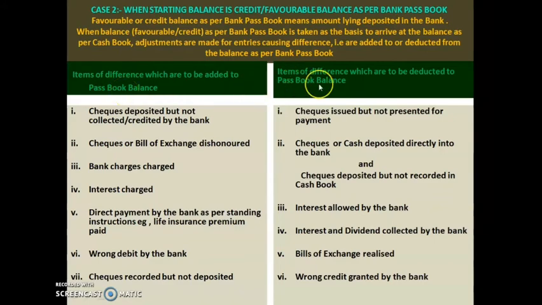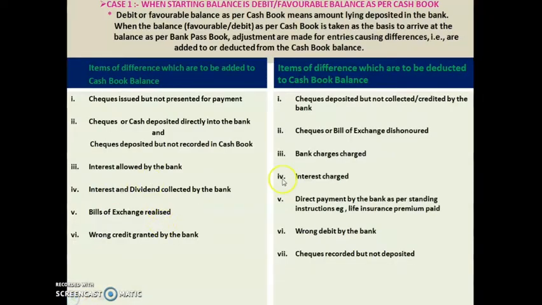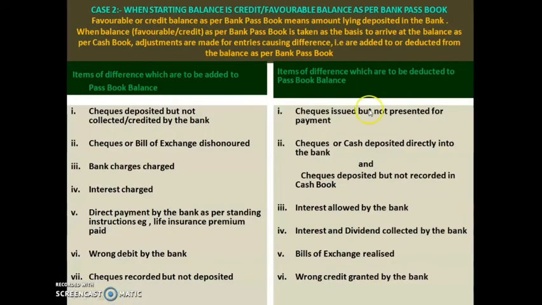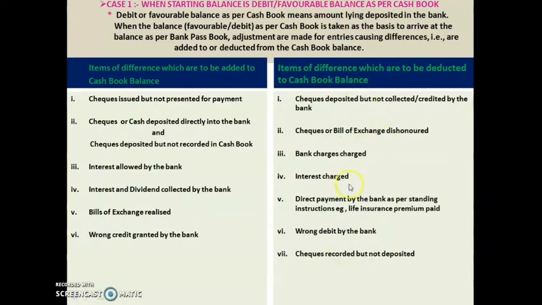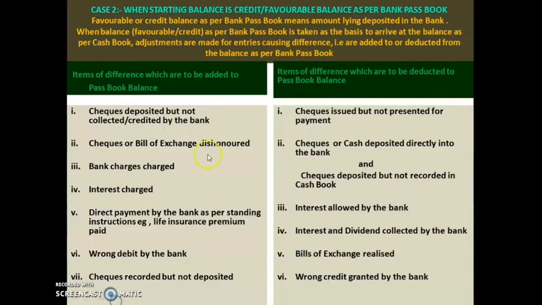And the items which we have added in our cash book will be deducted in passbook balance. Just opposite of this. These items we will write in the deduction side, and the items which we have deducted in cash book will be shown as addition in passbook. Just opposite of what we did in cash book, we have to do with passbook.